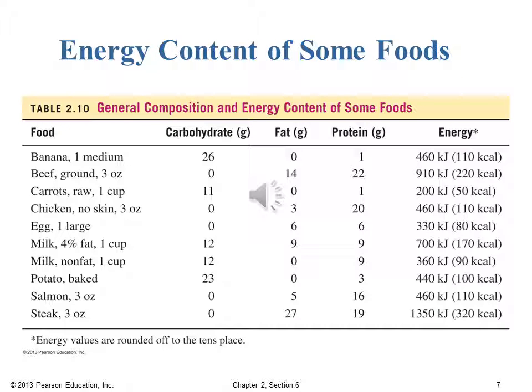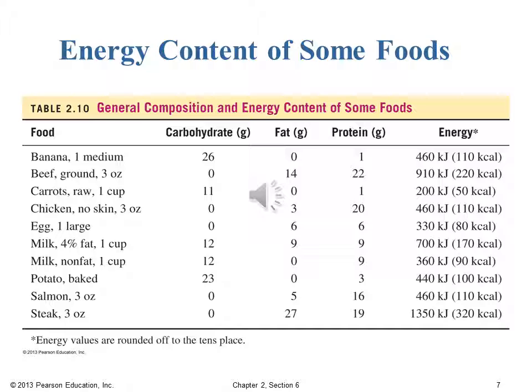Here we see table 2.10 that has the general composition and energy content of some common foods, and you notice depending on the food, look at the very first example. The banana there has lots and lots of carbohydrates, very little fat, little protein, and overall not too many calories.